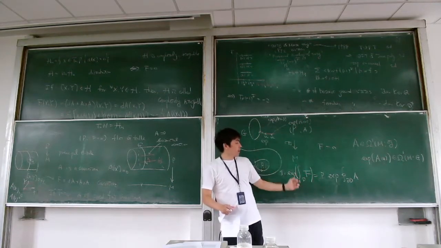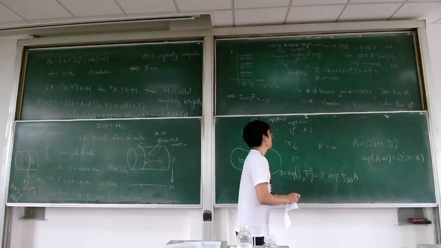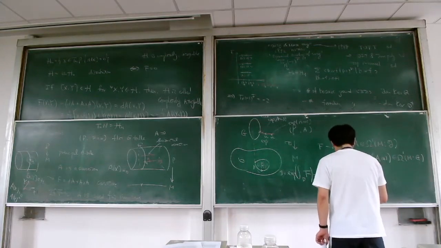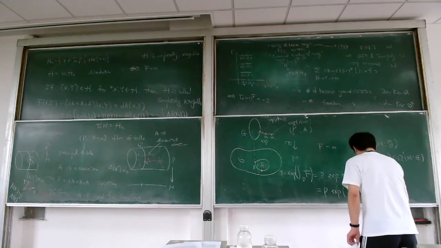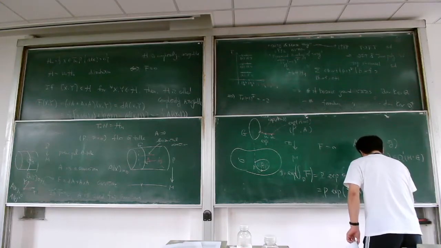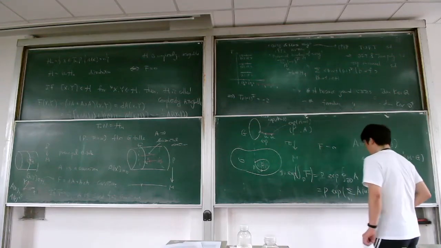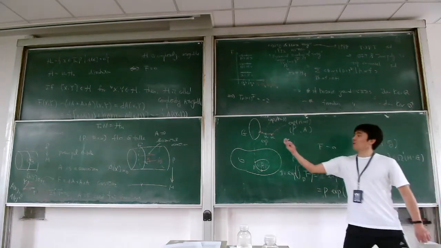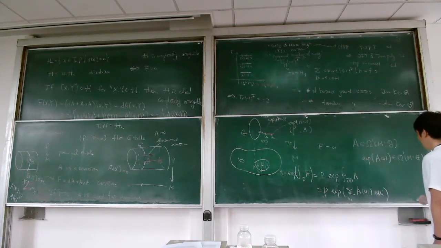When you do the integration, physicists always write it this way: the exponential of a sum over very small segments, A(u_i) delta u_i. That's usually what physicists have done. You take the small segments and sum them up.